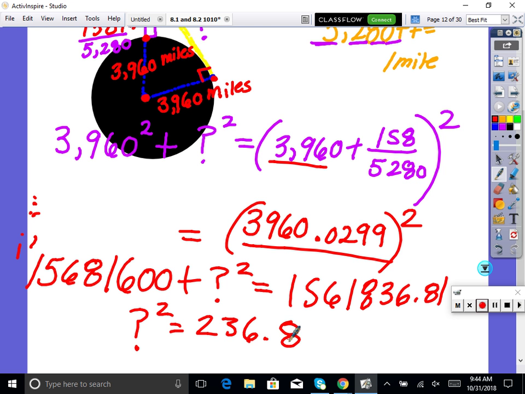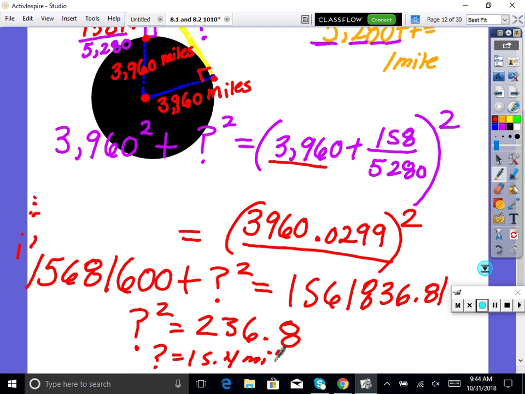I'm rounding at this point, so I'm close enough. This minus this, and then we'd square root that. So the square root of 236.8, that's 15.4. So question mark is 15.4 miles.